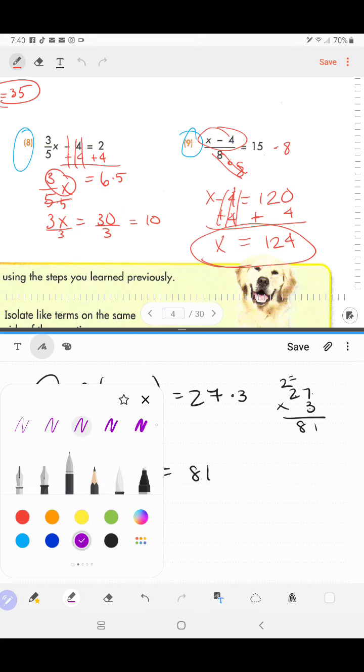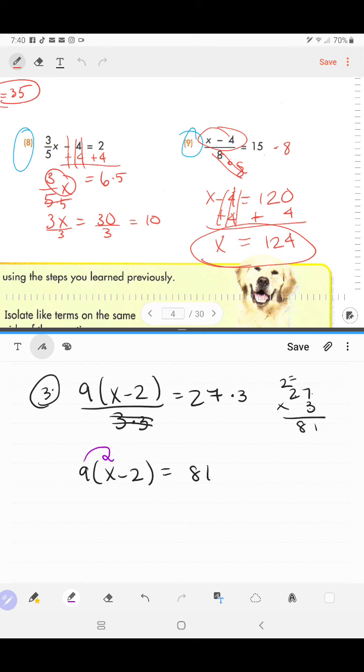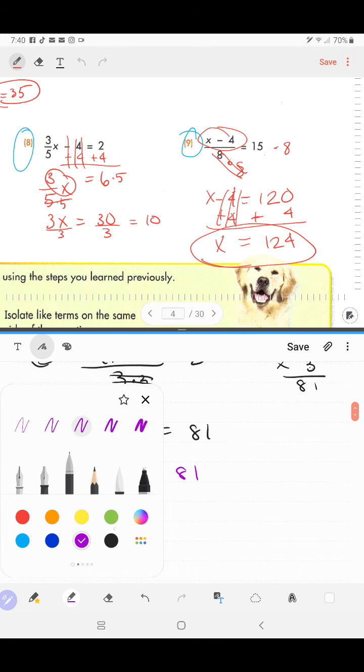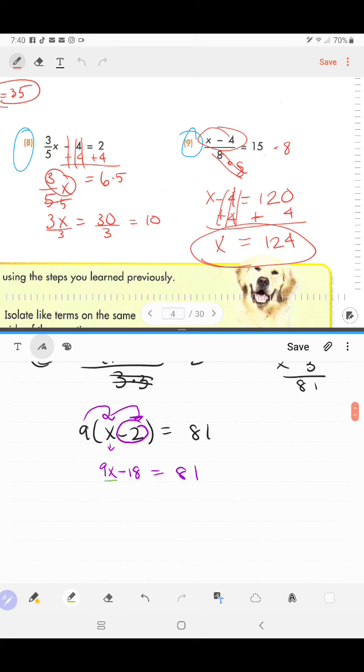And then from here, you distribute like a factory. Again, 9 goes in, 9 times x is 9x comes out. 9 goes in, 9 times negative 2 is negative 18 equals 81. And then from here, it becomes a two-step equation. So x's equals numbers, those are good.